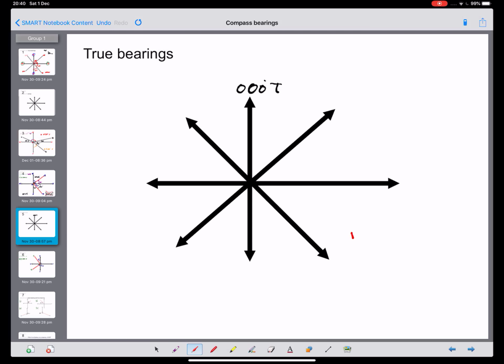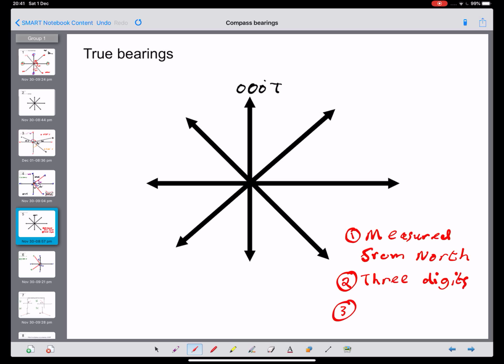Okay, the first one is they're always measured from north. The second one is they're always 3 digits. So I'm going to write 3 digits.